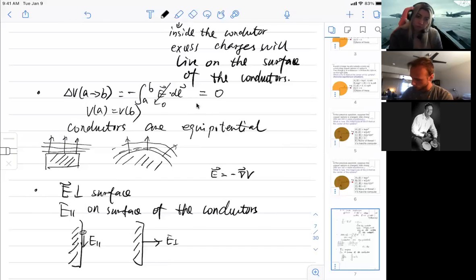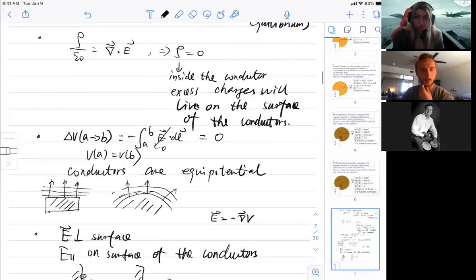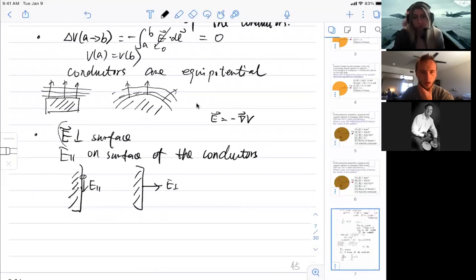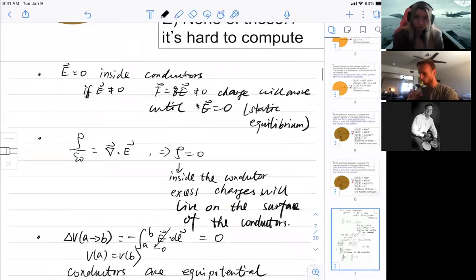Okay, there's only a perpendicular component, not a parallel component. You can see all of these are simply derived based on the pure definition of what a conductor is. Although I can derive these later from Gauss's law, we will look at that later. Okay, so just a couple quicker questions, really trying to get the idea.